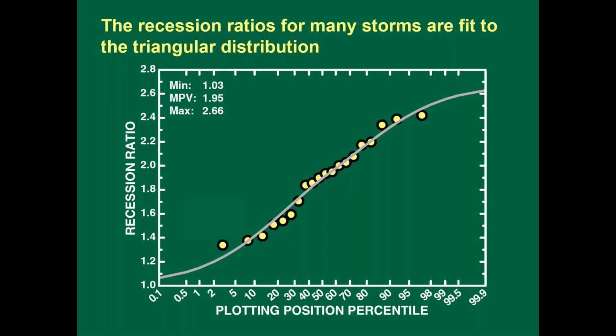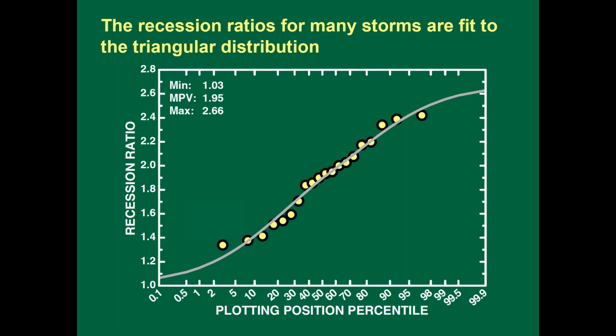A sample of recession ratios for 20 or more storm events was used for each station that we analyzed to build a robust sample. We did a least squares fit to come up with this distribution, and the symbols show the plotting position of the recession ratios.